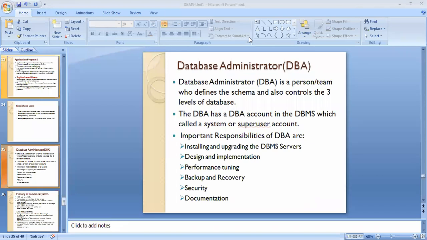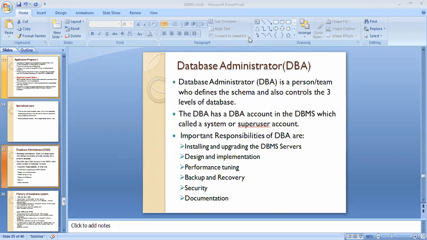Then performance tuning. As we discussed, as data grows in the database, there will be a variation in performance from time to time. So it is the DBA's responsibility to tune the database performance, to manage the data and maintain the database performance.